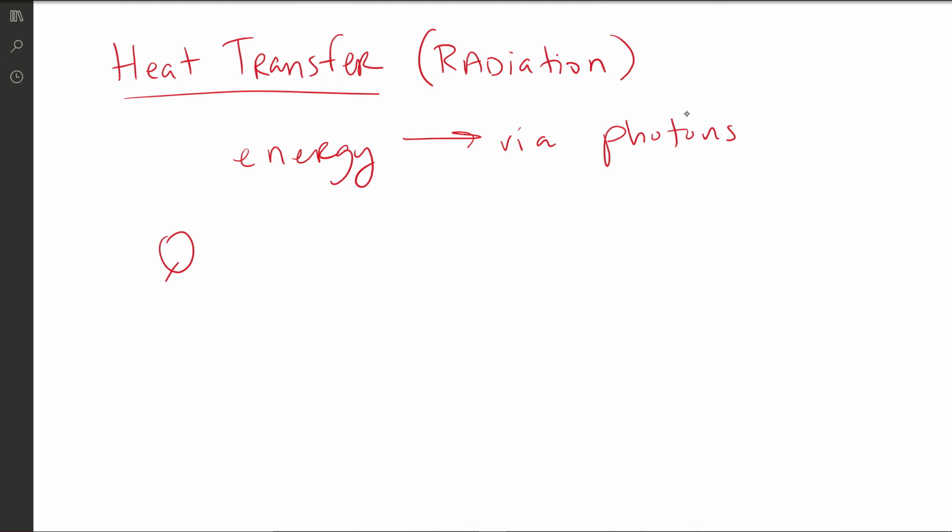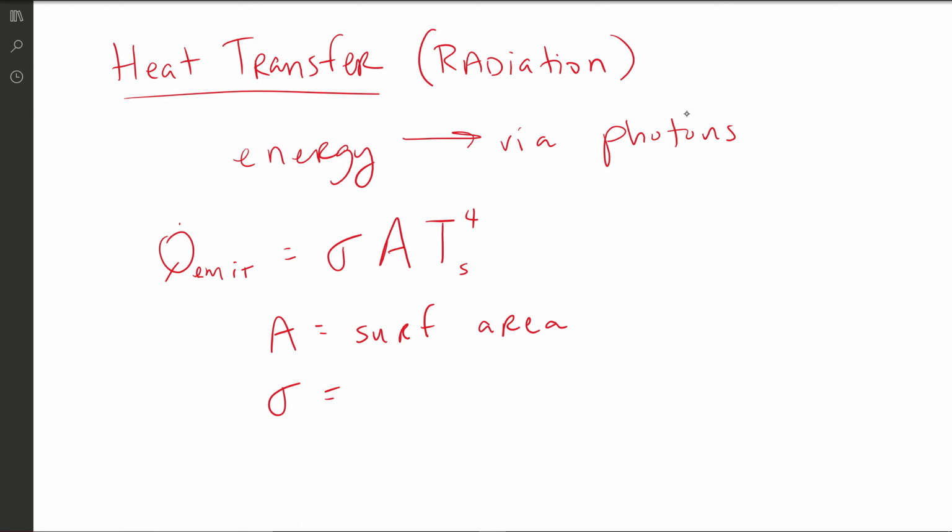So we have Q emit equals sigma times A times T sub S to the fourth power. So A is the surface area. Sigma will be the Stefan-Boltzmann constant.